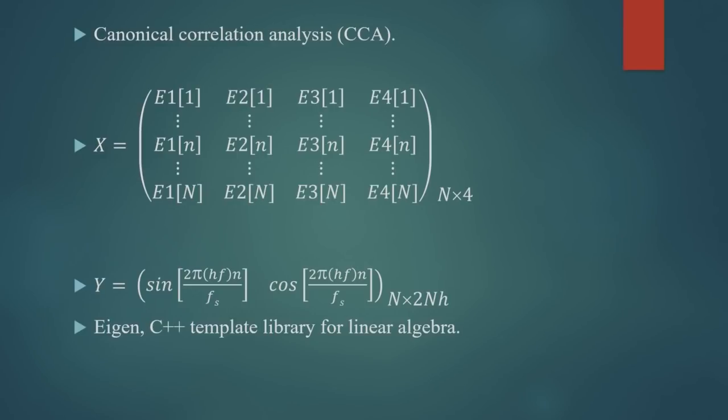On the Y matrix, you have sine and cosine waves of different harmonics, and we conducted tests to find that 5 harmonics is the most efficient number of harmonics for analyzing EEG. When the number of harmonics was greater than 5, there was no improvement in performance, so 5 seemed like the optimal number.